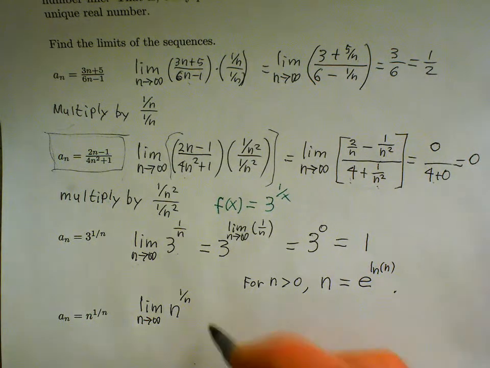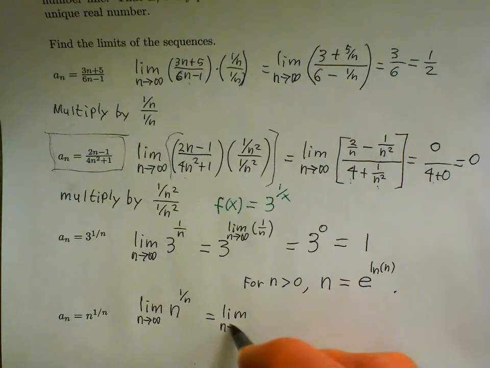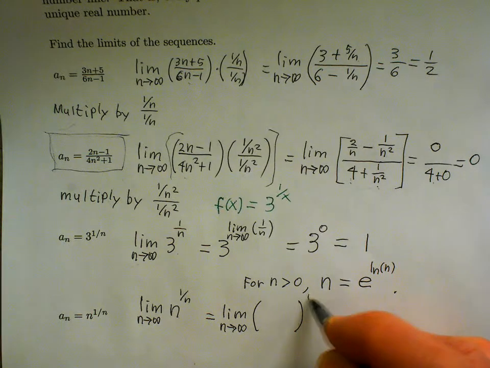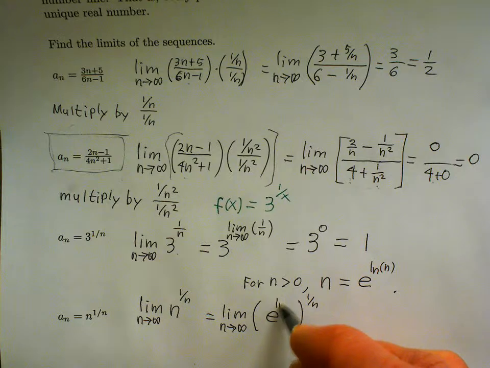Okay, so in this limit, we can replace n. So we're raising n to the 1 over n, but we're going to replace n with e to the natural log of n.